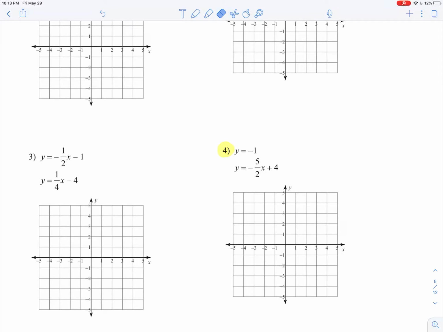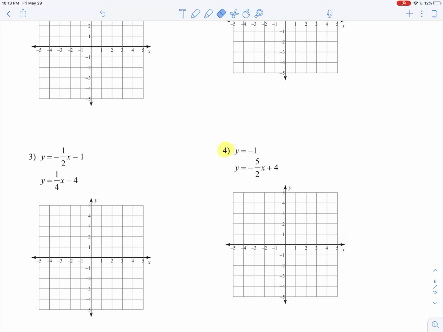And the way I think about it, I don't see an x here. There's not really going to be any change in our y value. So how I interpret it is, for every x value, no matter what I plug into this top equation, y is always going to equal negative 1.